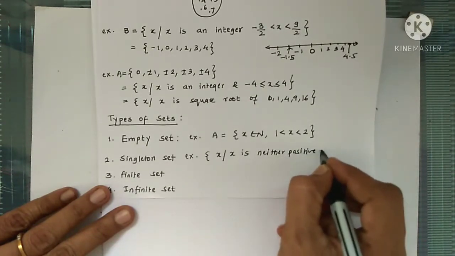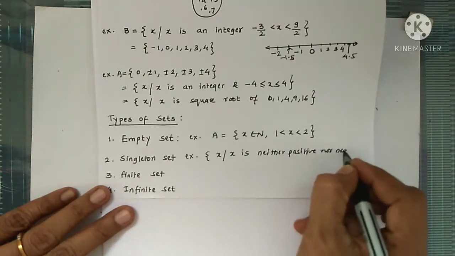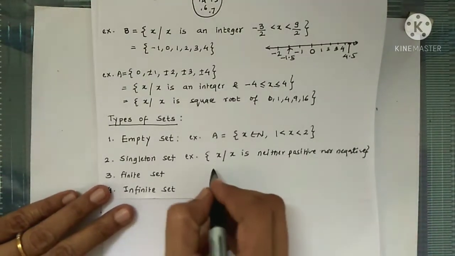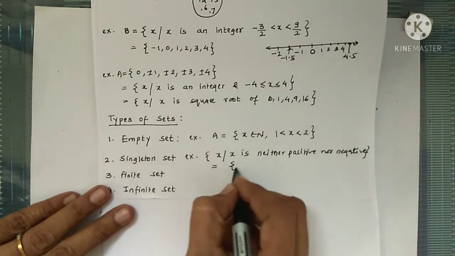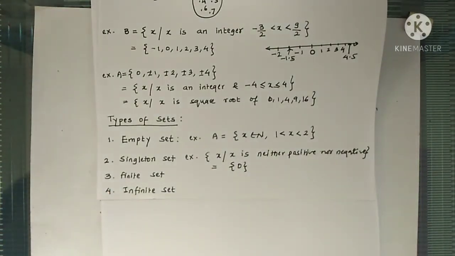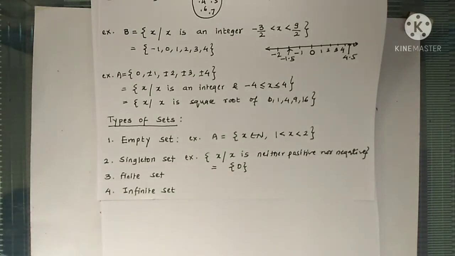The only number which is neither positive nor negative is 0. So the set contains only one element, 0. That's why it is a singleton set. Or you can say the principal of a school. A school has only one principal, so it is a singleton set, like that.